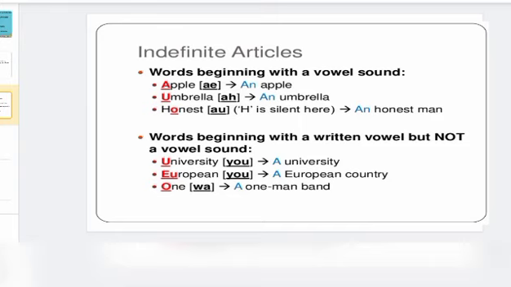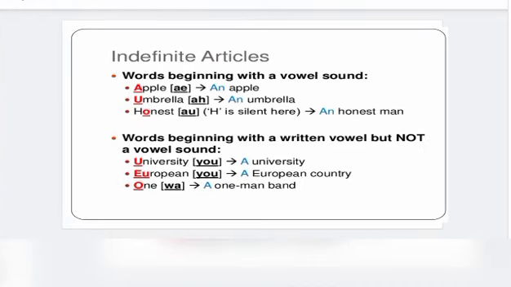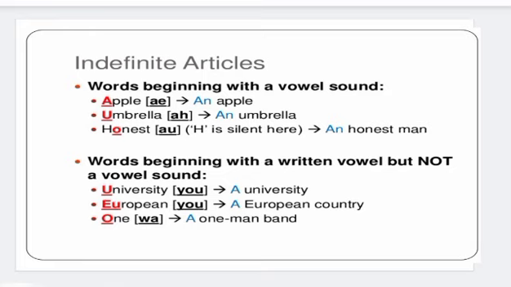Okay children, now let's see about indefinite articles. Words beginning with a vowel sound take an indefinite article. Now let's see some examples. Apple: here the word apple begins with the letter A, so we use an apple.